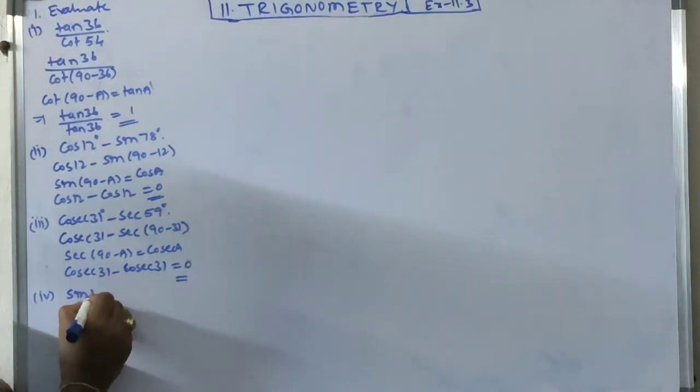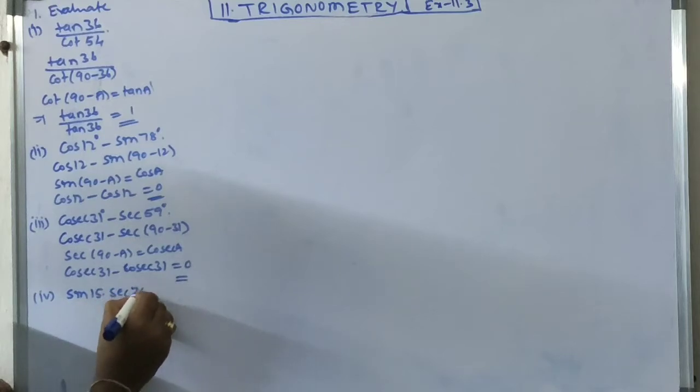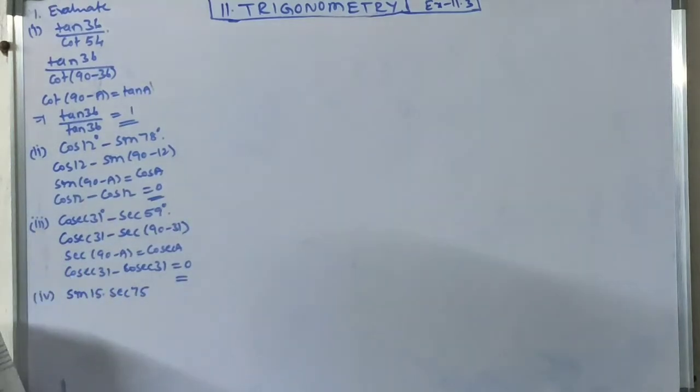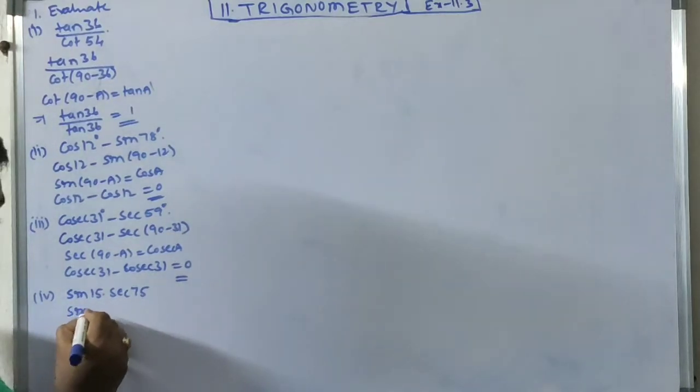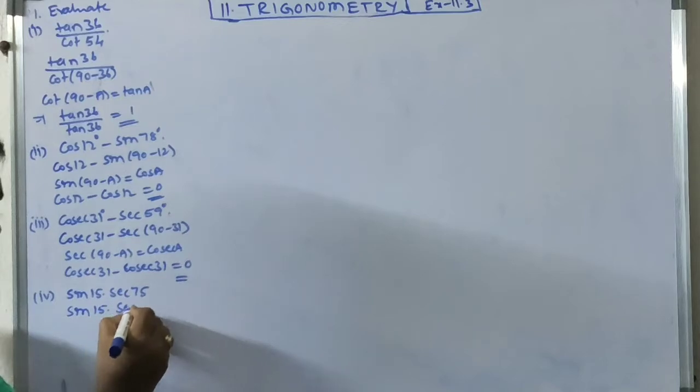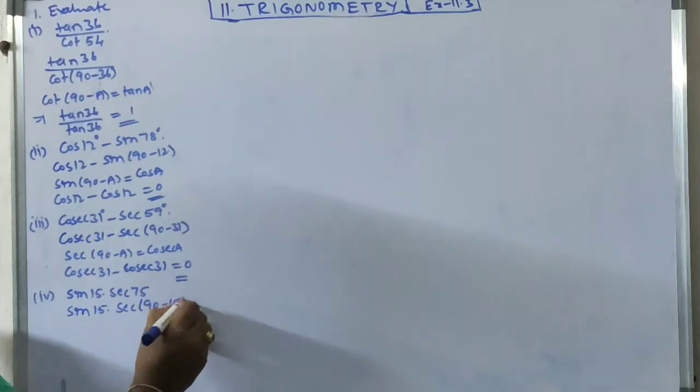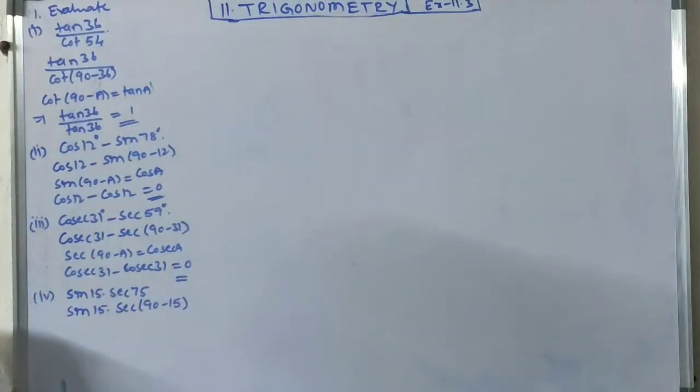Sin 15 sec 75. Again, 15 and 75 are complementary angles. 15 plus 75 equals 90. So sin 15 into sec of 90 minus 15, equal to 75.